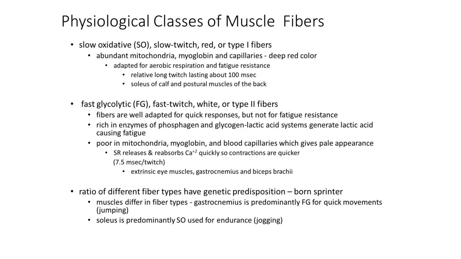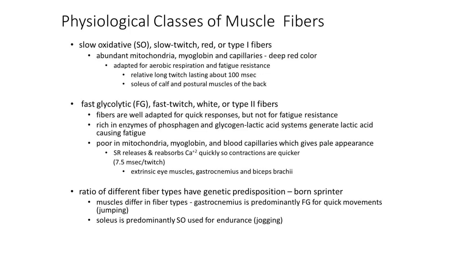They are poor in mitochondria, myoglobin, and blood capillaries, which gives them a pale appearance, hence the white. We see these in the eye muscles, the gastrocnemius, and the biceps brachii.